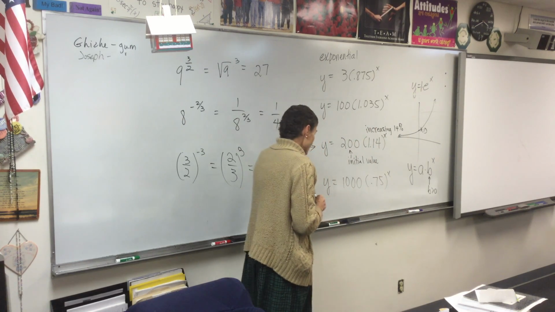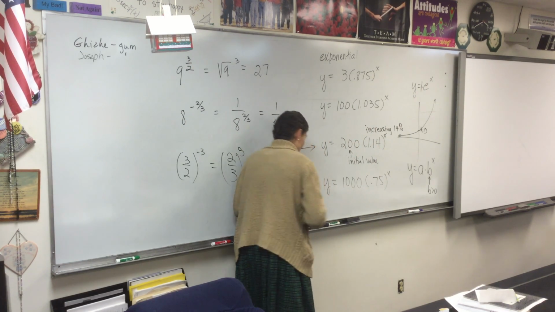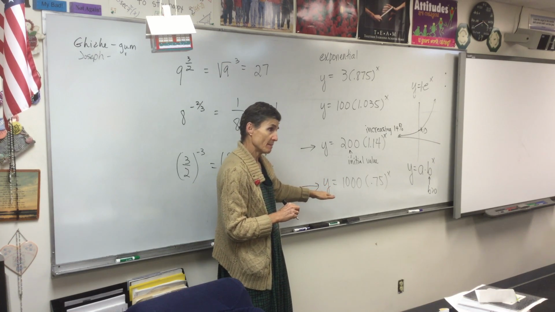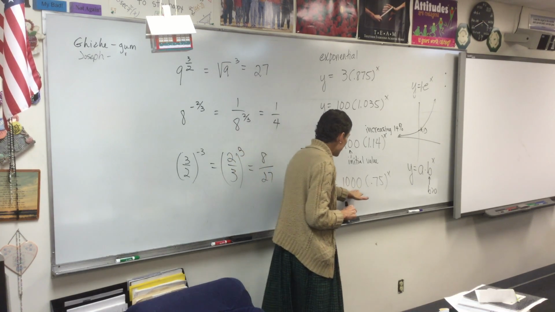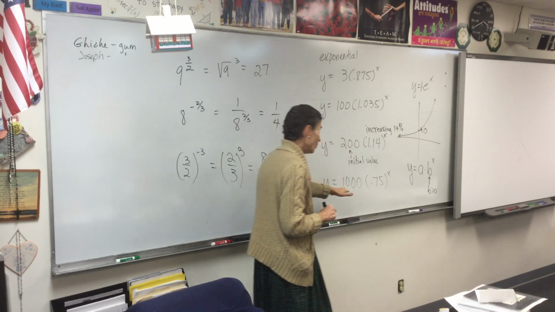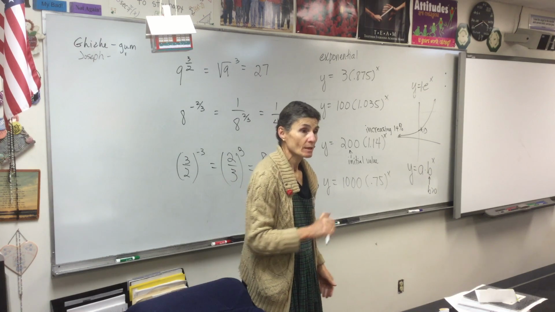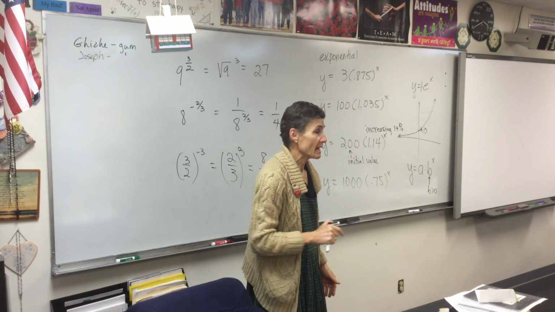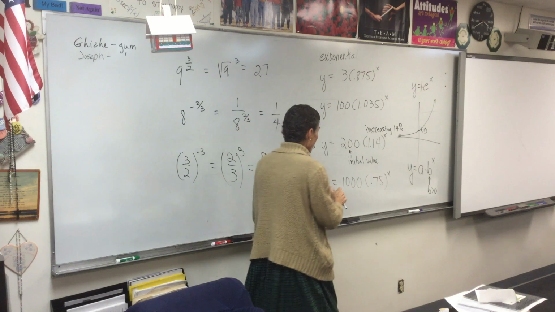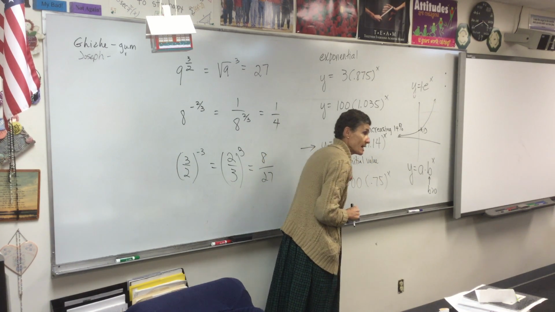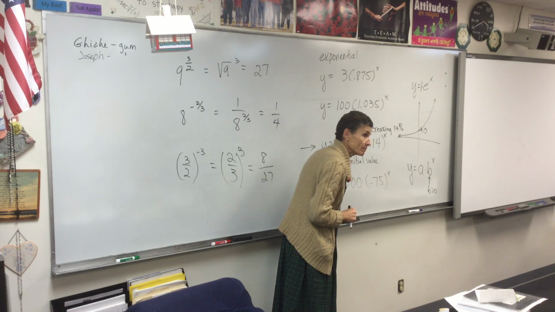Now, with that in mind, look at this exponential. What is that equation telling me? This is an A and a B. Tell me about that situation. DeAndre? It's going to be decreasing instead of increasing. Absolutely, and it's decreasing because the number that I am multiplying by is less than 1.